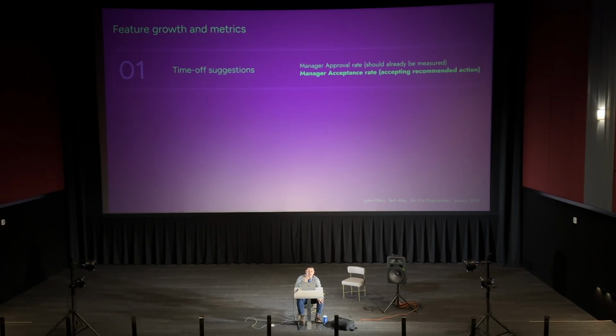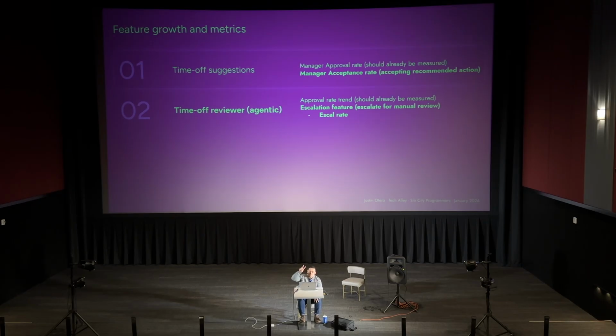Are we changing behavior here? If it's very low, well, that's a problem. The recommendations aren't very good, or we need to make some adjustments. If it's really high, cool, it's doing the right thing, and we should now promote these suggestions to the next phase of this feature.